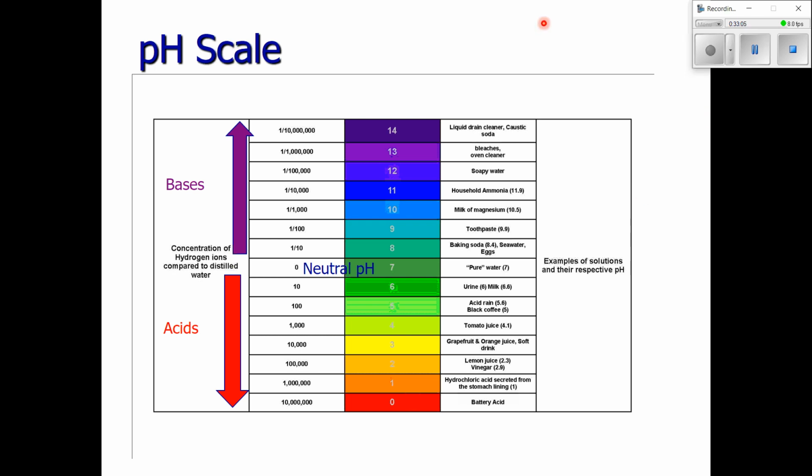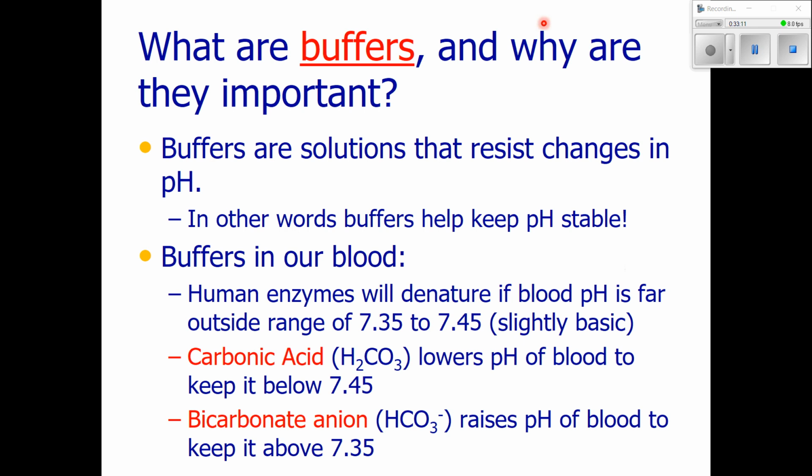Okay, and then the last point I want to make about pH is the concept known as buffers. Buffers are solutions, chemical compounds, that resist changes in pH. A buffer is any chemical that helps keep the pH stable, keep it from changing a whole lot.